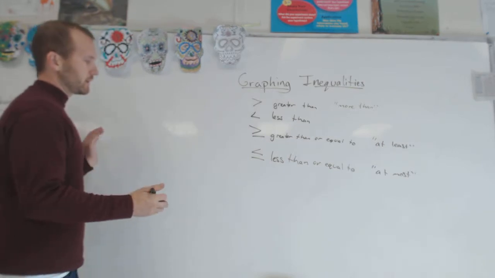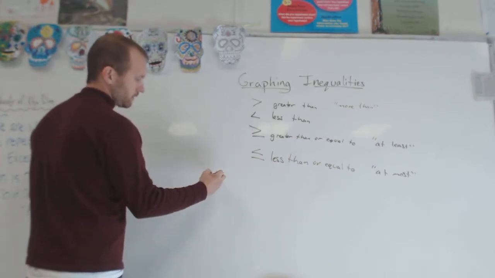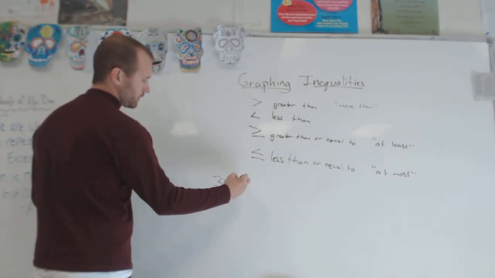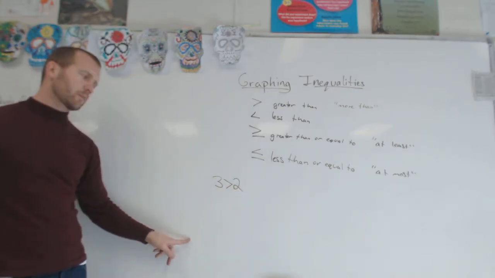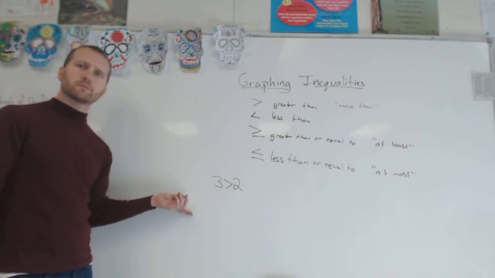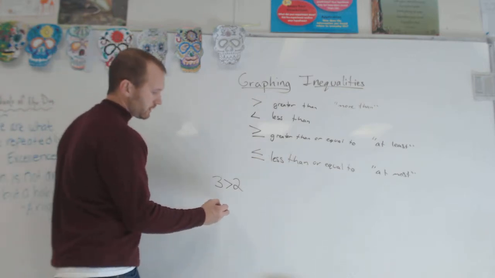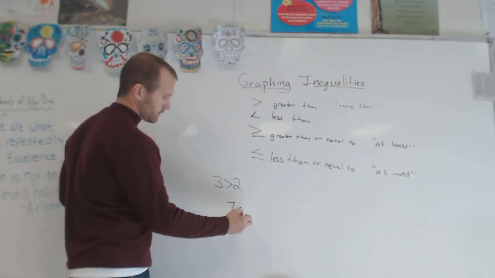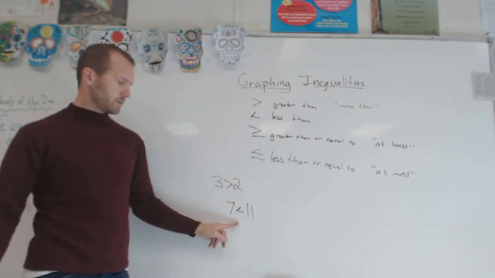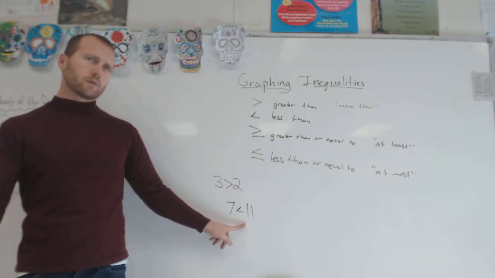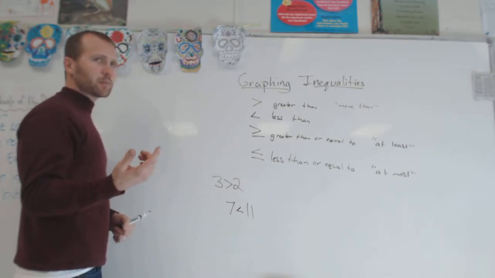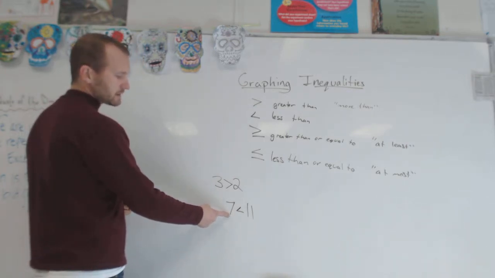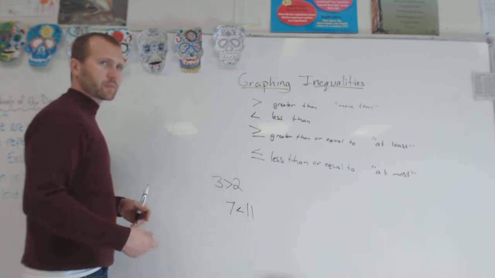So let's practice reading these for a second. How would you read that? 3 is greater than 2. How would you read this? 11 is greater than 4. Less than 11. Yeah, this could be read as 7 is less than 11.